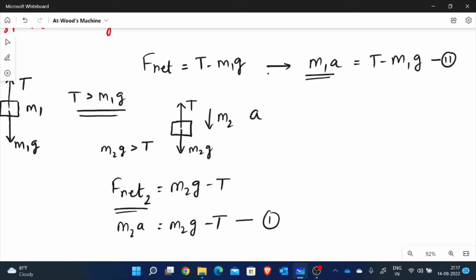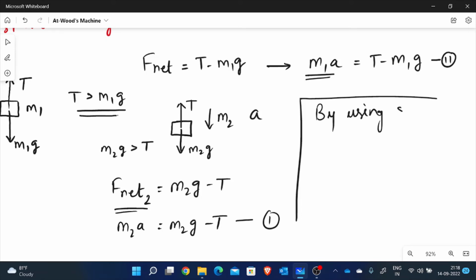Once we get equation 1 and equation 2, we can use the simultaneous equations. So here I'm writing, by using simultaneous equations, we can write M2A is equal to M2G minus T. I can take the value of T from equation 2.